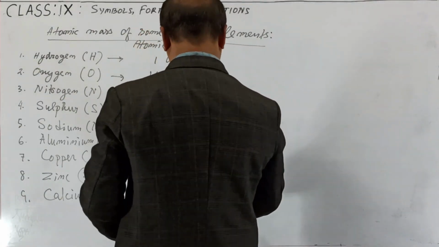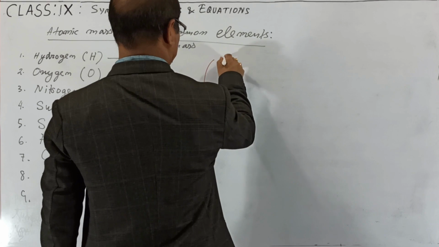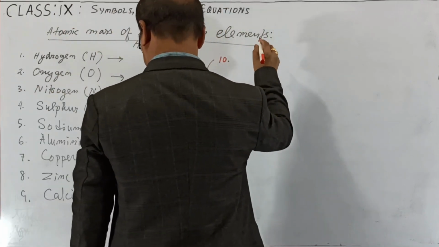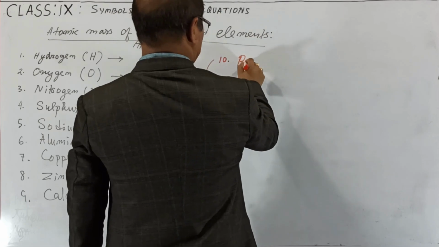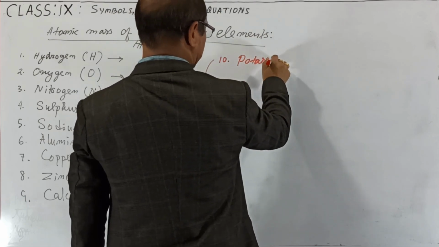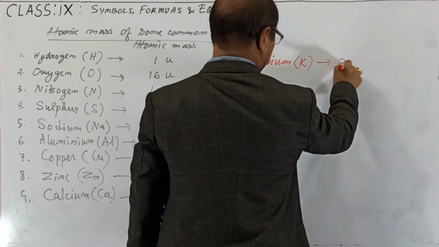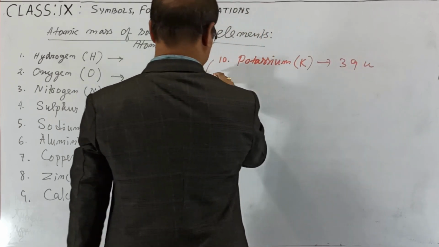Here, number 10. Let's write with red ink. Potassium, symbol is capital K and its atomic mass is 39 U.